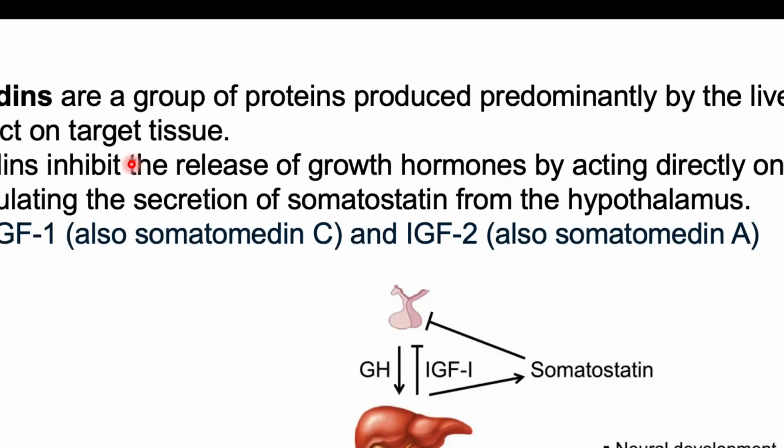Somatomedins inhibit the release of growth hormones by acting directly on the anterior pituitary and by stimulating the secretion of somatostatin from the hypothalamus. So again, this is an example of homeostasis machinery maintenance via a negative feedback loop to tell the body to stop the secretion of growth hormones once it is at the optimal level.